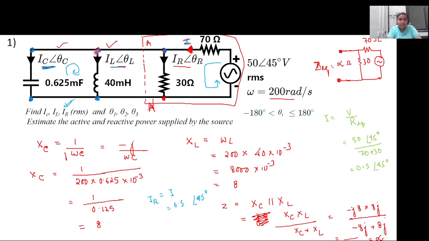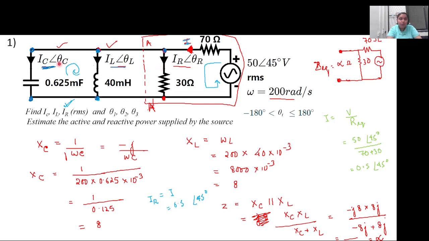So basically this circuit is acting as a resonance circuit, right? Across this terminal, A and A dash, it will appear that there is an infinite resistance. So whatever current is coming out of the source will flow through this circuit. That is how we have calculated I.